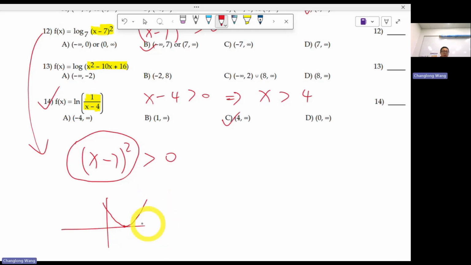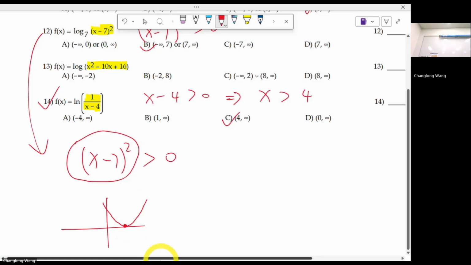All right. So now, do you see that for any x values that make the entire thing positive, the only number that's not going to work is the vertex? It's that 0, because that's the only number that makes the thing 0. So you'll be taking anything to the left of 7, and anything to the right of 7, and that's what B tells us.